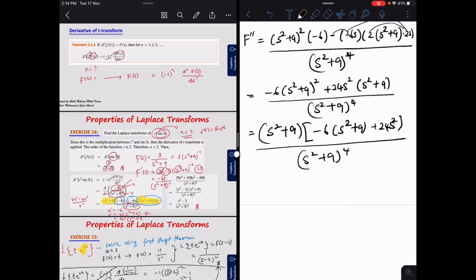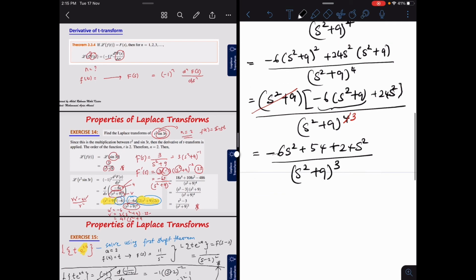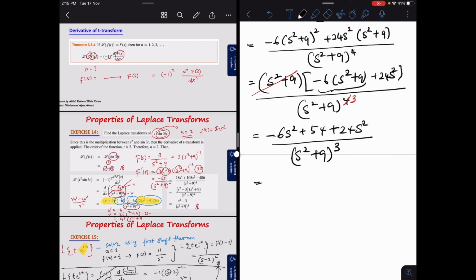Look at here, we have the similar factor, so demolish this one and then this one becomes 3. So we expand this one, and we will have negative 6s squared plus 54 plus 24 s squared over s squared plus 9 cubed. So we can simplify it: this one and this one become 18 s squared plus 54.